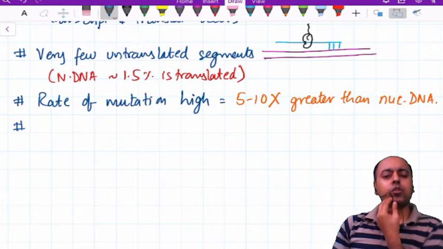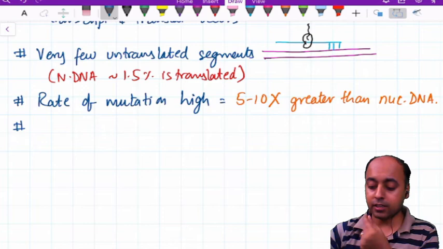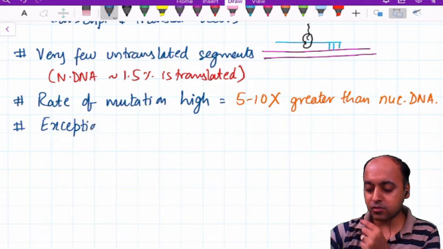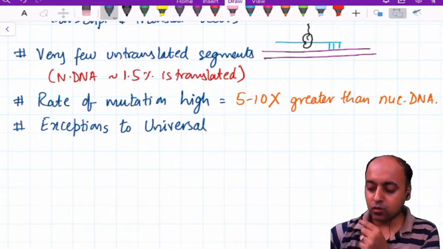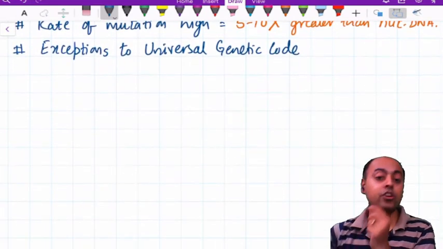Lastly, when you look at the translation, the genetic code, we find that there are some differences from the universal genetic code during that translation.